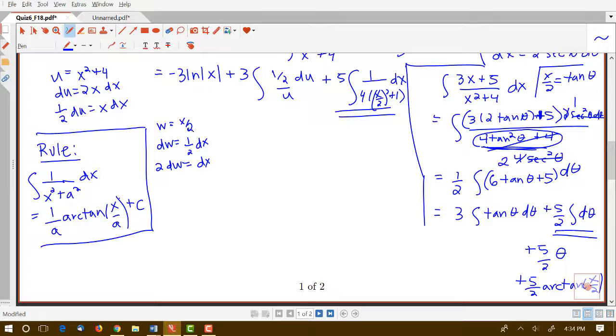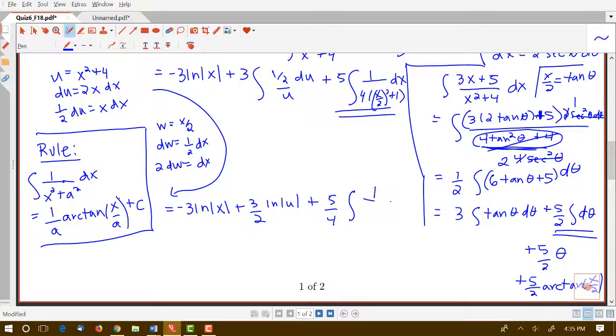Okay, so let's go down here. We have this equals negative 3 log absolute value of x plus 3/2. This integral of 1 over u is going to be log absolute value of u. I've got this 5/4 from pulling out this 4 here, and now I've got this integral of 1 over w squared plus 1, where dx is equal to 2 dw.